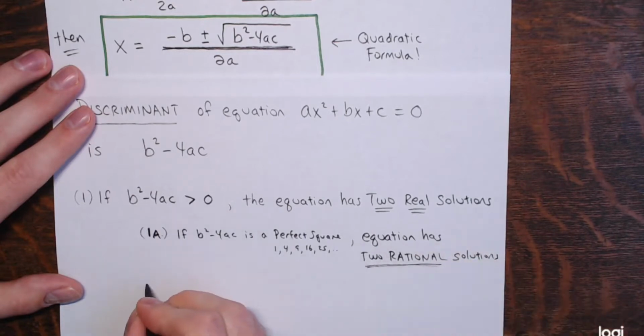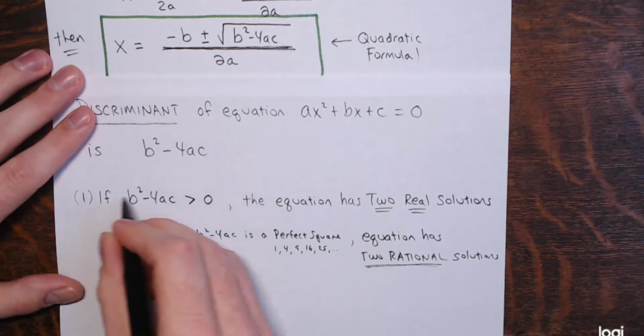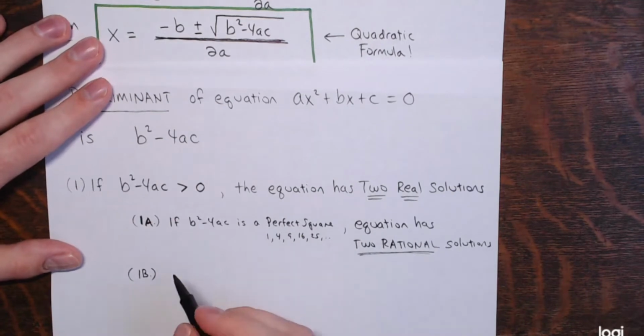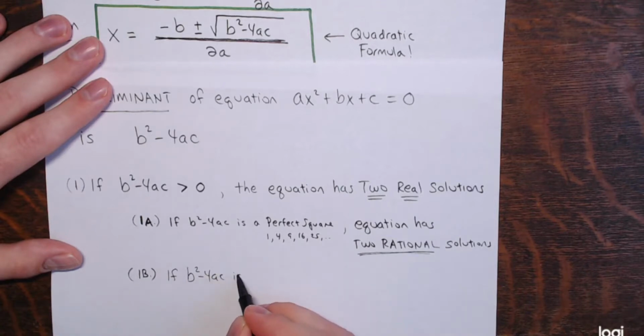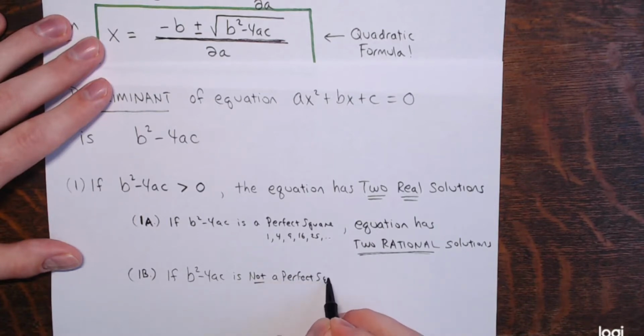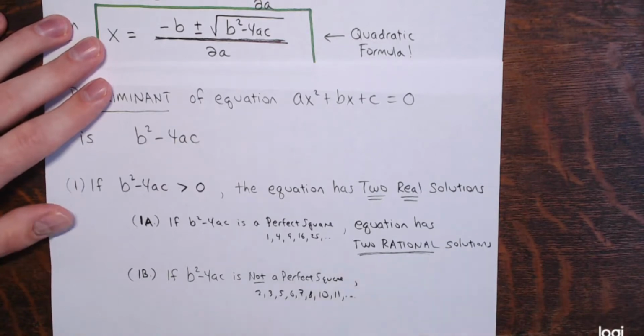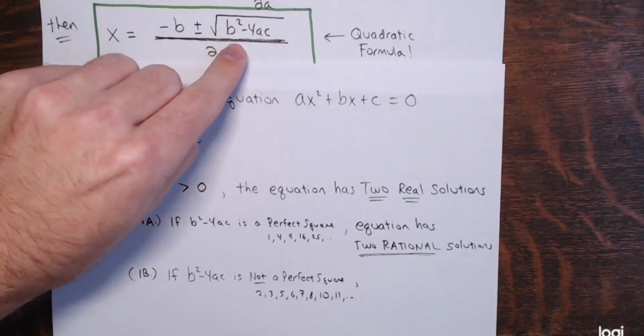And 1B, still part of number 1, if the discriminant is positive but not a perfect square, so like 2, 3, 5, 6, 7, 8, 10, 11, and so on, but still positive, well, then the square root of a non-perfect square is an irrational number.